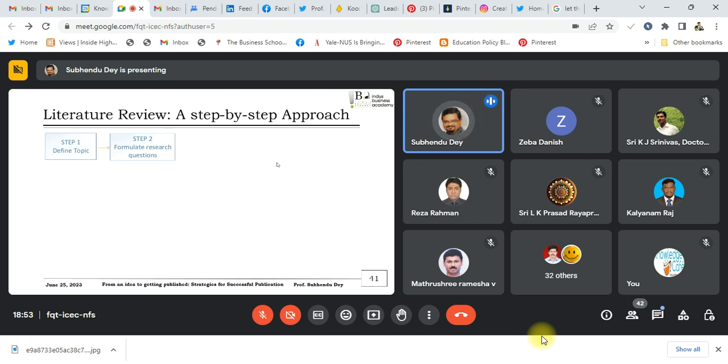It is very, very important to identify what kind of questions will be addressed by the literature review. So, what are the things you want to do at this stage? If you wish, you can make a note of this.